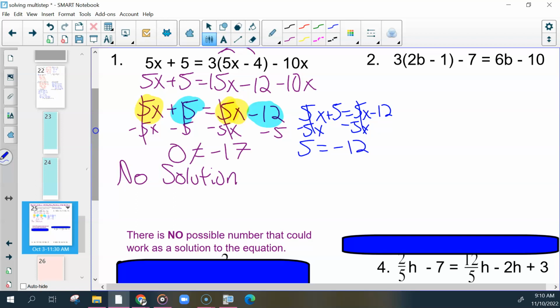You end up with 2 different numbers, 5 and negative 12. The rule still applies. This is not a true statement. This is still no solution no matter what. But these are the 2 types of things you might see. Before we do the other case, do we have any questions about no solution?